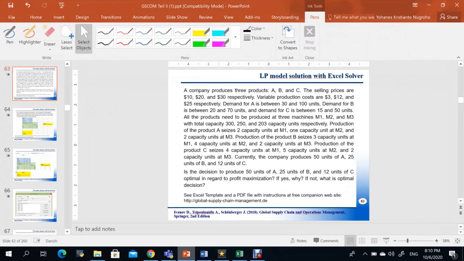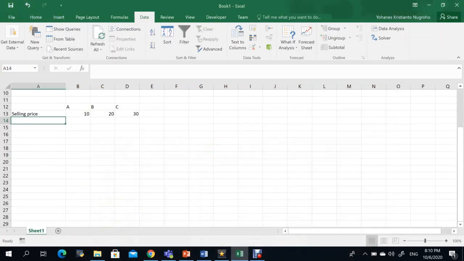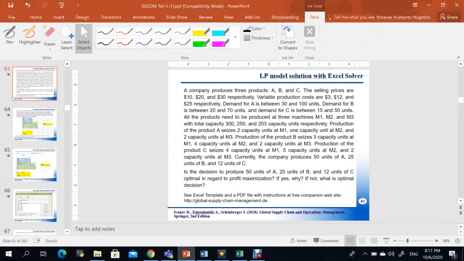Is it correct? 10, 20, 30. Okay. Now the variable cost 3, 12, and 25. Is it correct? Yes.